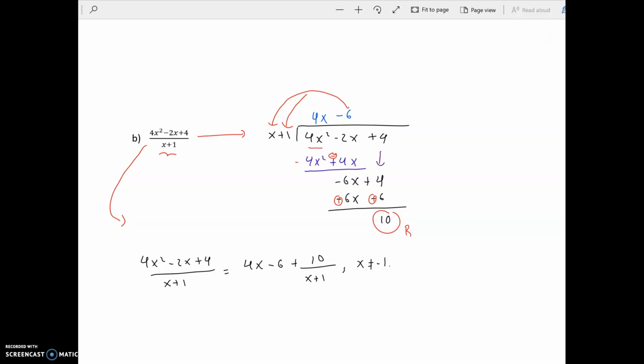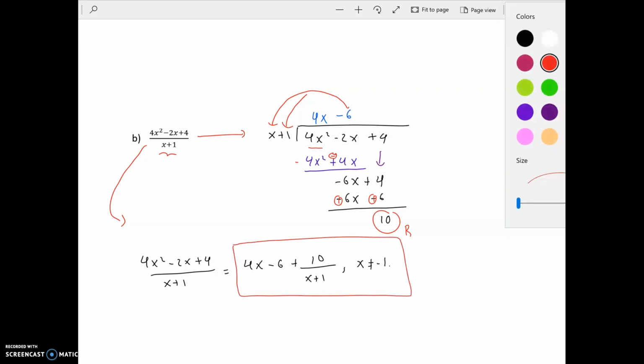Once again, the main answer is all of this, but the software's only going to care about the actual portion of the polynomial that results here and the rational expression.